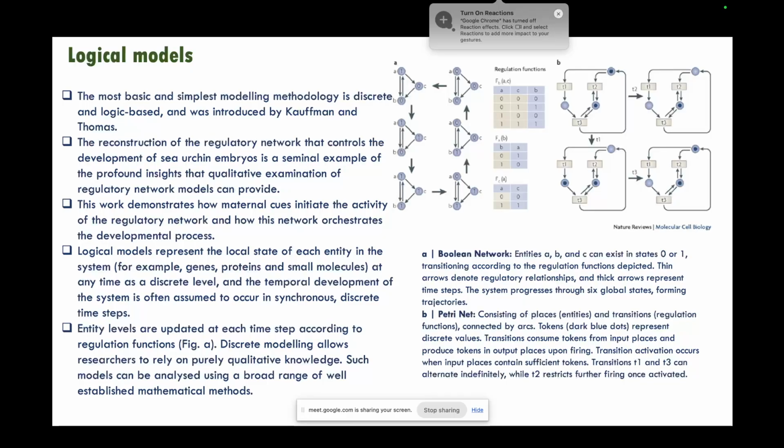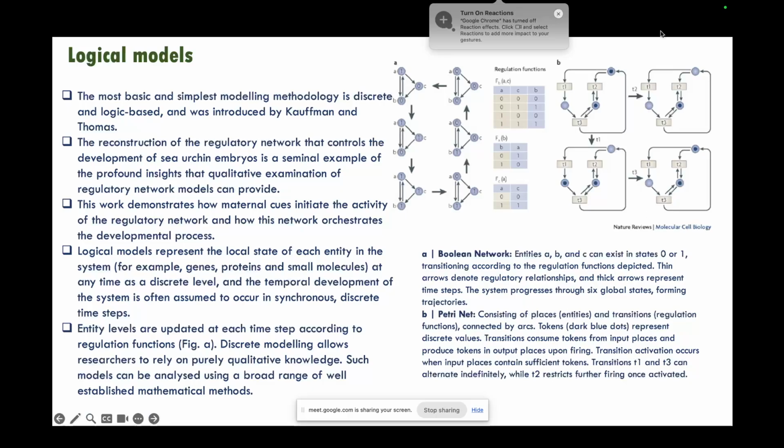Over time, the development of the system only occurs in discrete time steps. It is not a continuous variable, it is a discrete variable. And entity levels are updated at each time step according to regulation functions.